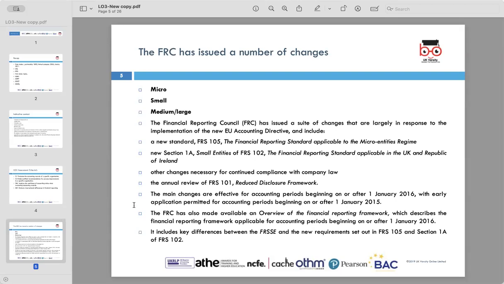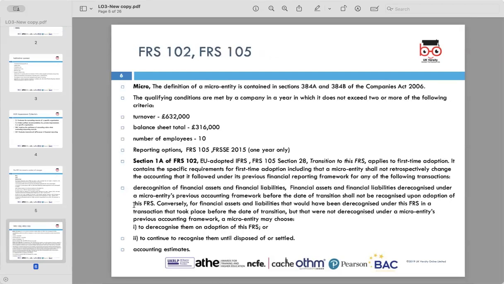The document highlights key differences between the previous FRSSE and the new requirements set out in FRS 105 and Section 1A of FRS 102.